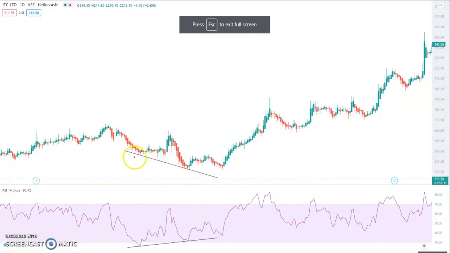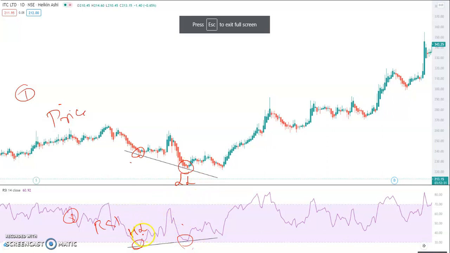We'll see the strategy with an example. So here we find a lower low in price pattern first. Second, we find a higher low in RSI. Just try to match, it will be more or less in the same place.